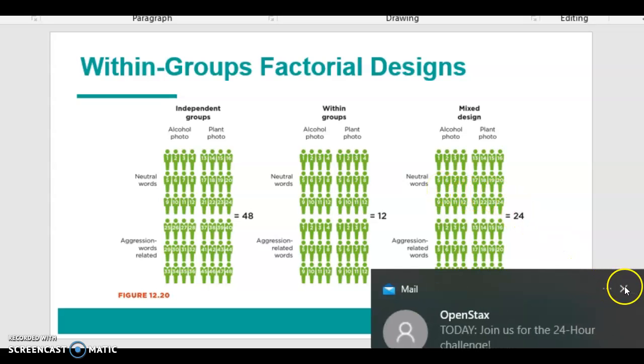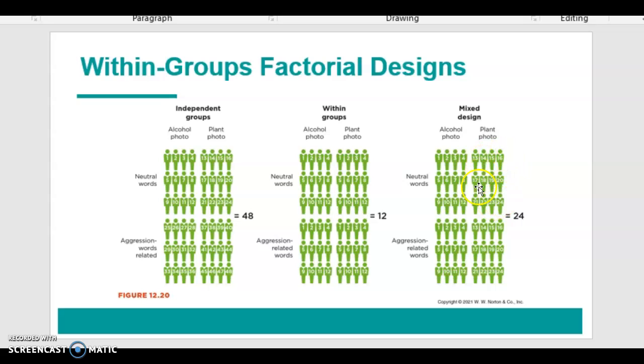A second set of 12 are in the neutral and plant photo. We then remeasure a second time, same group of 24 participants. Those who were in the neutral and alcohol photo are then retested in the aggressive and alcohol photo. Those who were in the neutral and plant photo are remeasured on aggressive and plant photo.